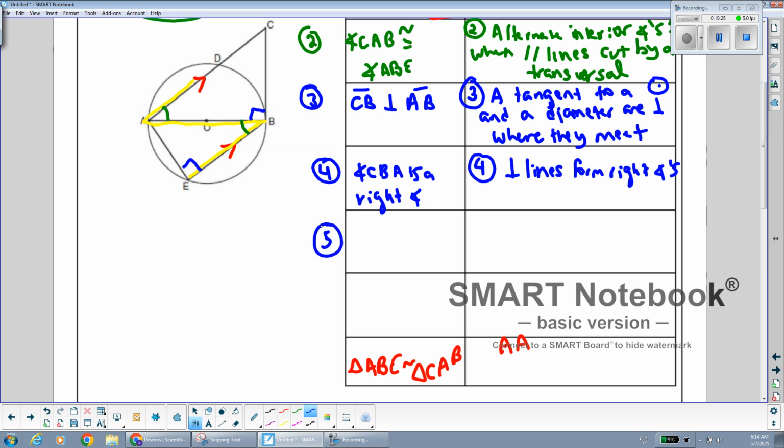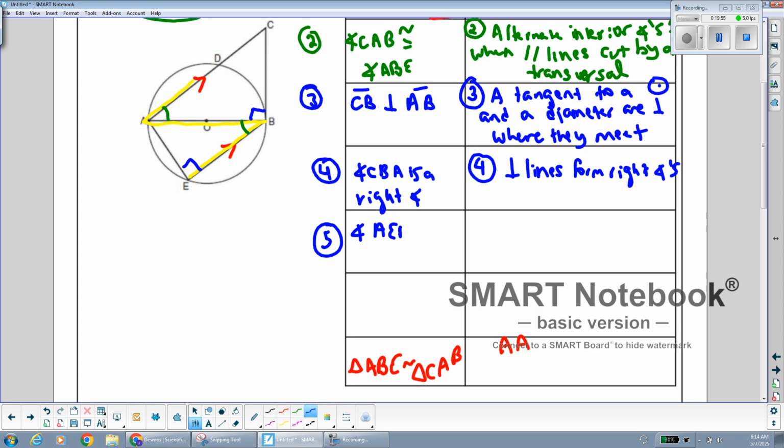Okay, number 5. I'm going to talk about this right angle. I think it's a right angle, because this angle is an inscribed angle that intercepts the diameter, or a semicircle. Any way of saying that. The inscribed angle that intercepts a diameter is a right angle because it opens up to 180 degrees. Half of 180 degrees is 90 degrees. So I'm going to write that down.